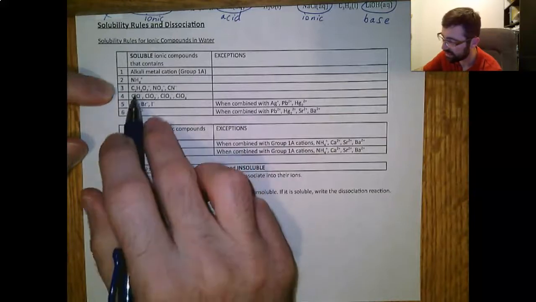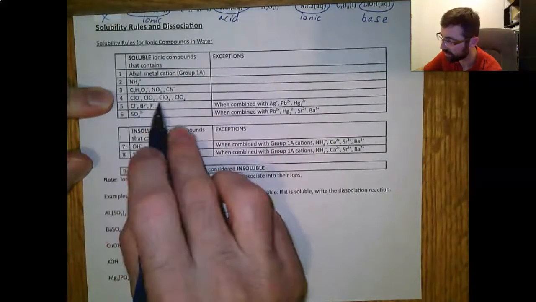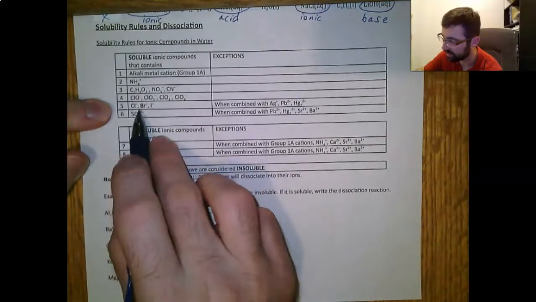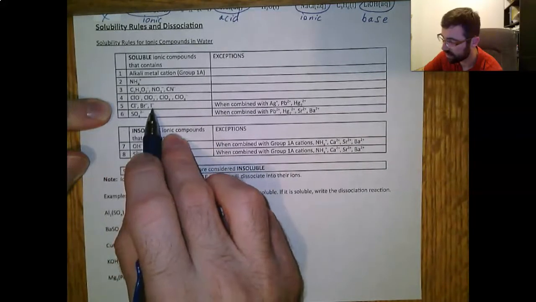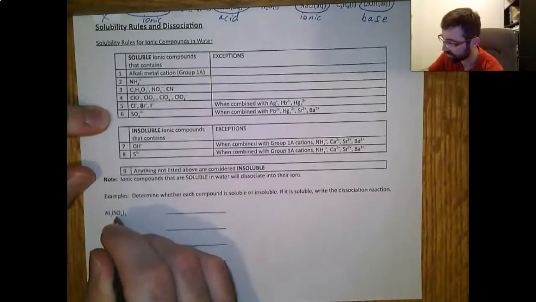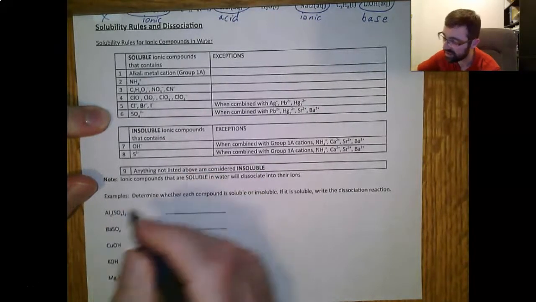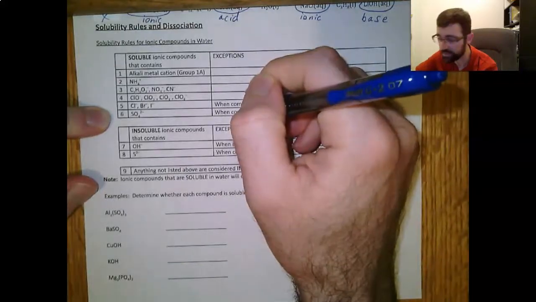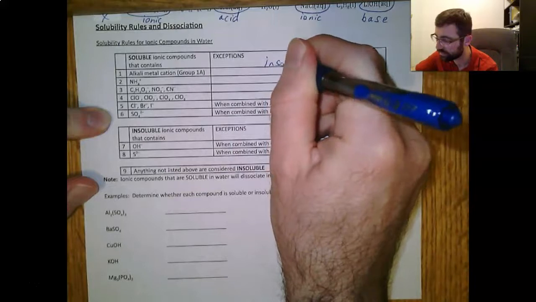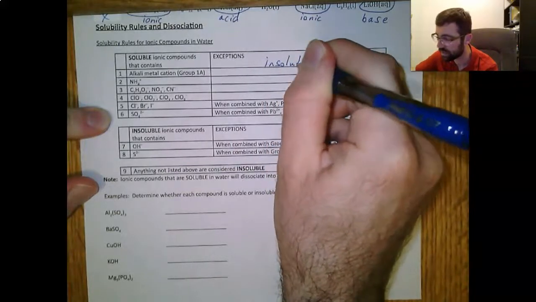Do you see any of these 4 polyatomic ions? No. Any of these 3? No. I see SO4 though. I do have SO4 sulfate. So then I need to check, is it an exception? If it's an exception, that makes it insoluble in this part of the table.